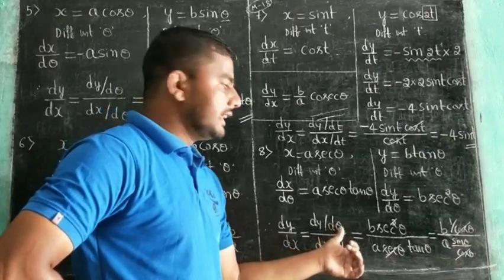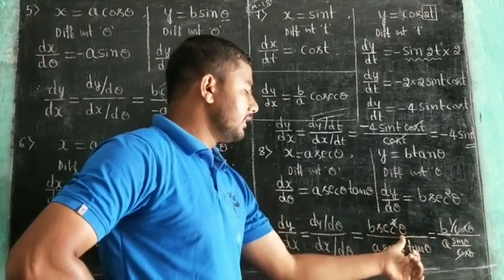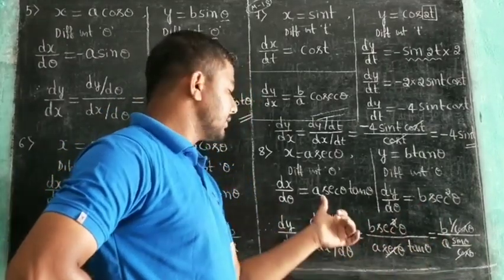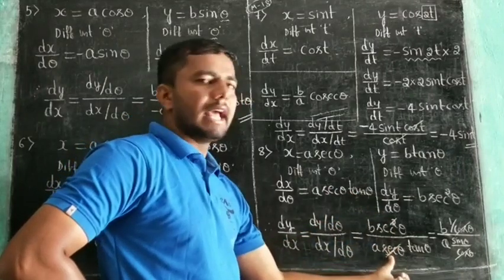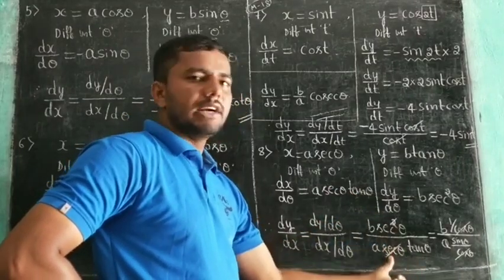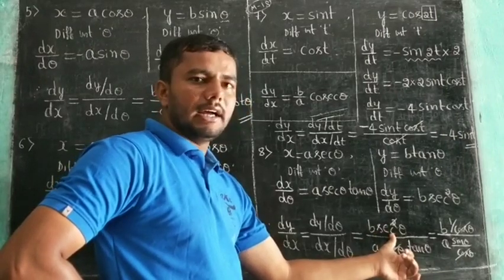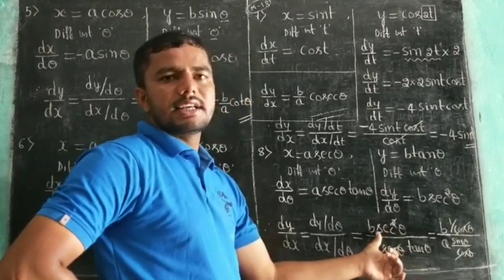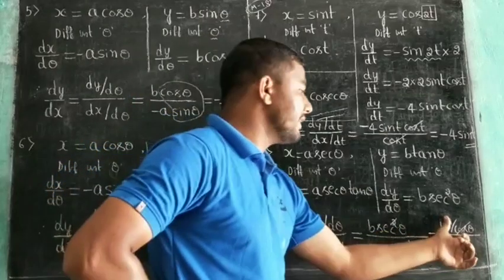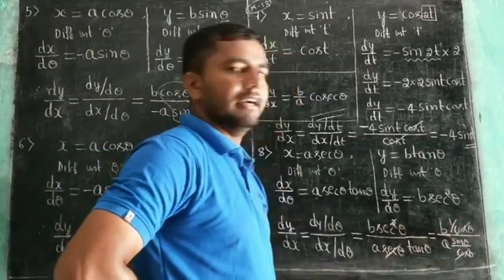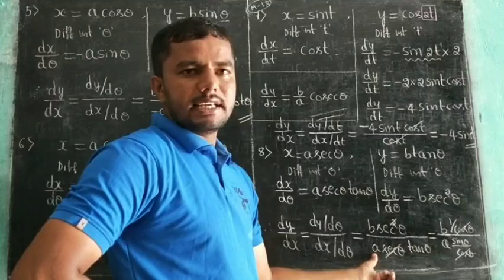dy by d theta is nothing but b secant square theta. dx by d theta is nothing but a secant theta into tan theta. 1 secant will be cancelled. The remaining is b secant theta. Take b as it is. Secant theta can be written as 1 by cos theta whole divided by. Take a as it is.